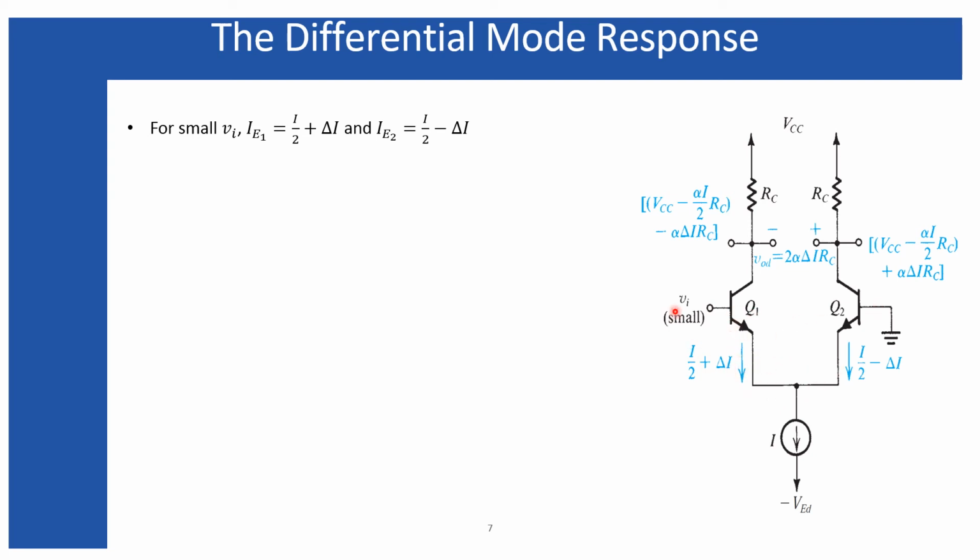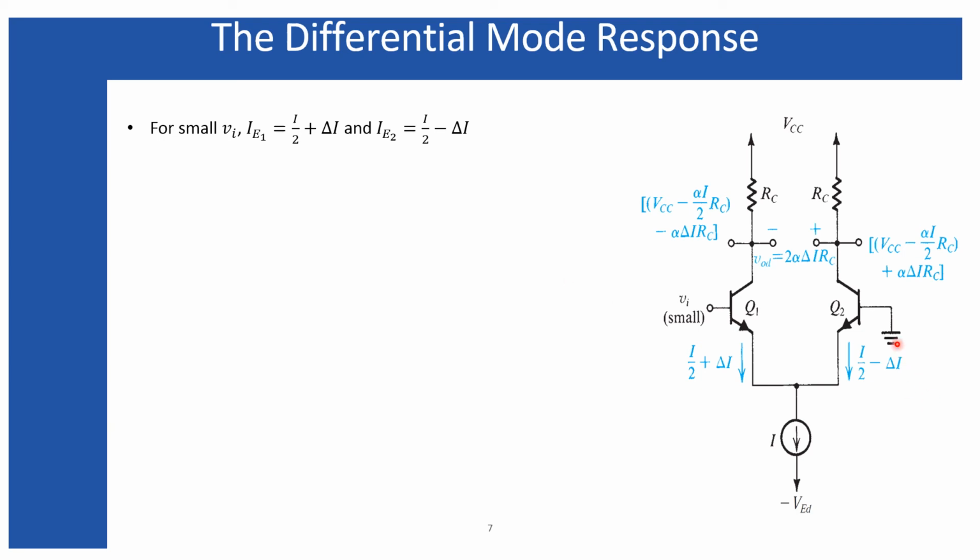Due to the presence of this Vi, which is greater than 0, an incremental current delta I will appear over the biasing current I divided by 2. This will appear as the emitter current of transistor Q1.